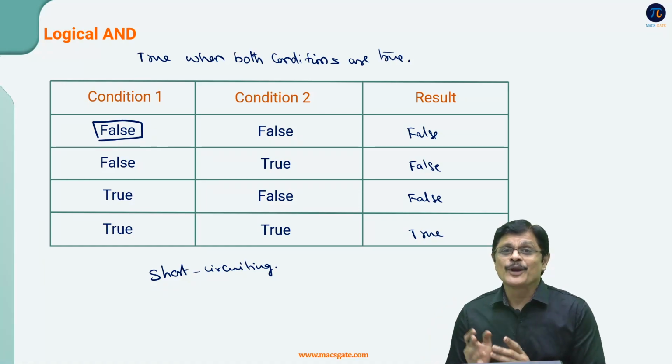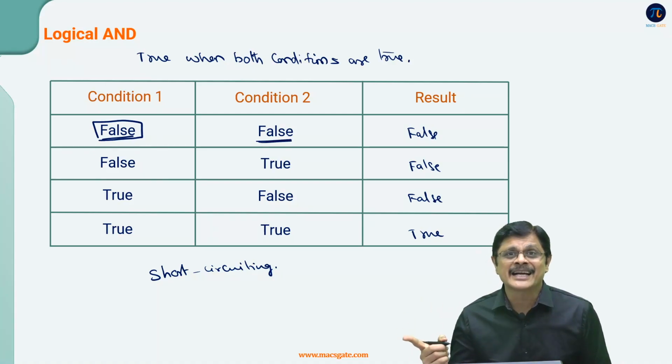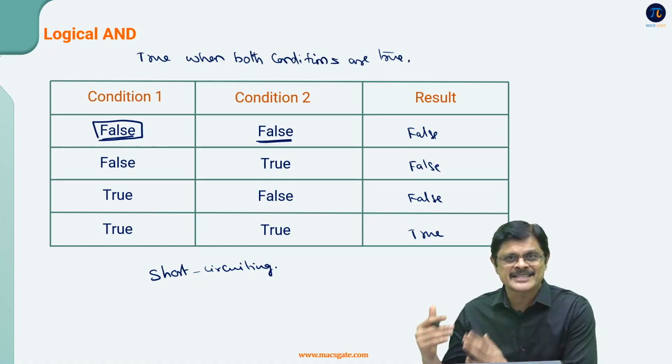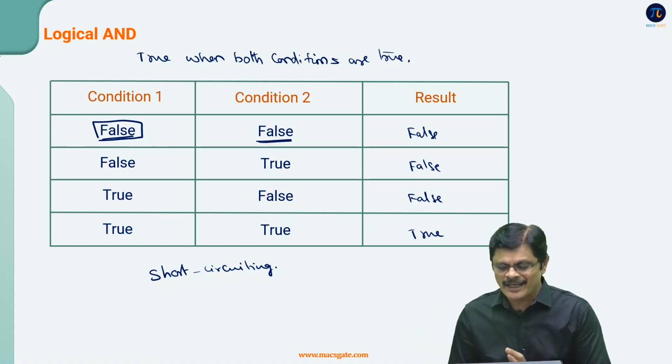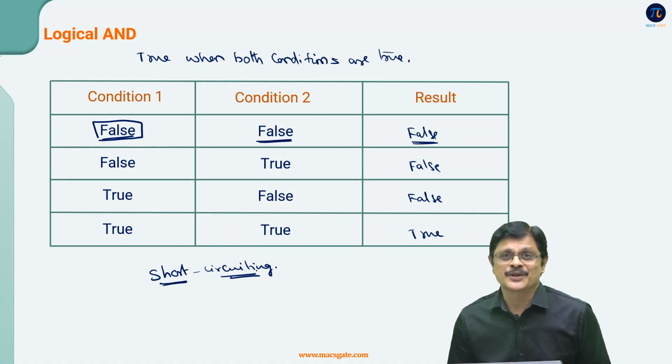Such things will not be executed at all. You have to be very careful, because if the first condition is false, without even evaluating the second condition, whatever expression is there in the second condition, the result is given as false. So, there is something called short circuiting. So, you have to be very careful.